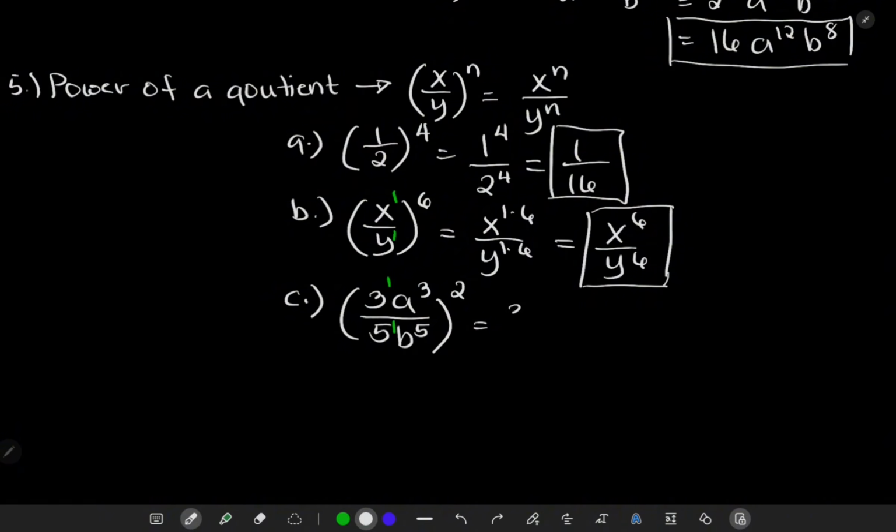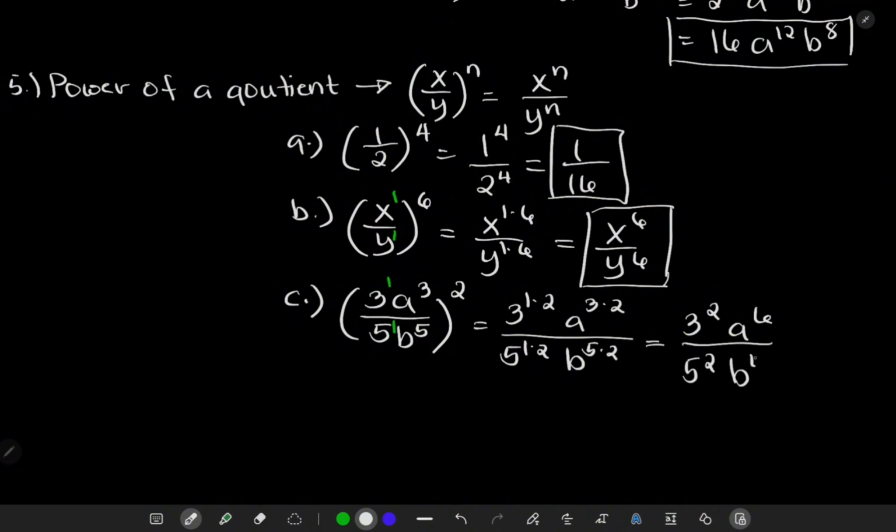So that is equal to 3 raised to 1 times 2, a raised to 3 times 2 all over 5 raised to 1 times 2, b raised to 5 times 2. That is equal to 3 squared, a raised to 6 all over 5 squared, b raised to 10. And 3 squared is 9, a raised to 6 all over 5 squared is 25, b raised to 10.